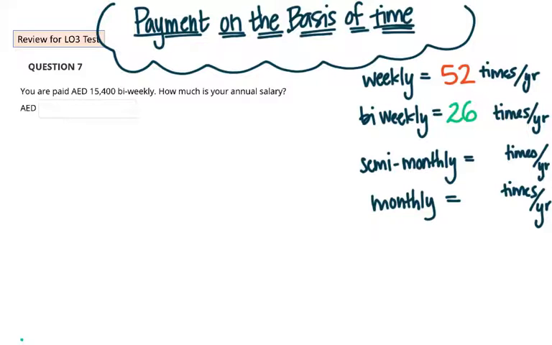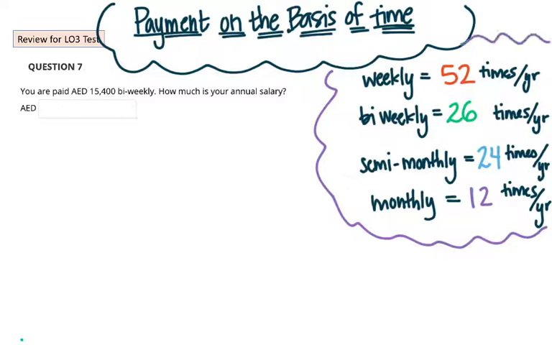Semi-monthly is not every 2 weeks. It's 2 times a month. So the middle of the month and the end of the month. So that actually means 24 times per year. And then the other option, which is most common here, is you are paid monthly, which is 12 times per year. So please remember this vocab, because the question could be anything like this question and just change this word.